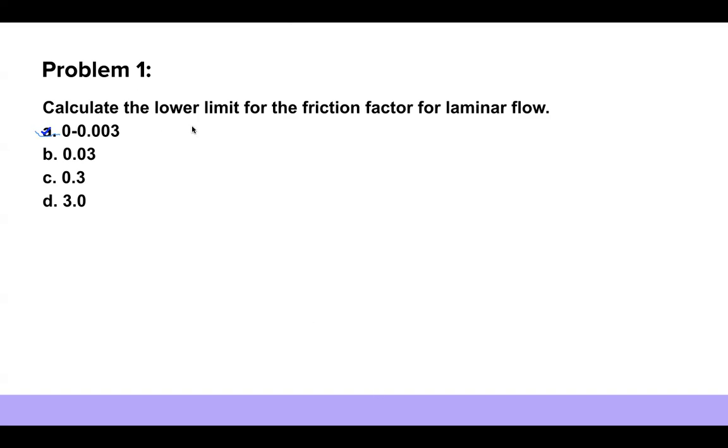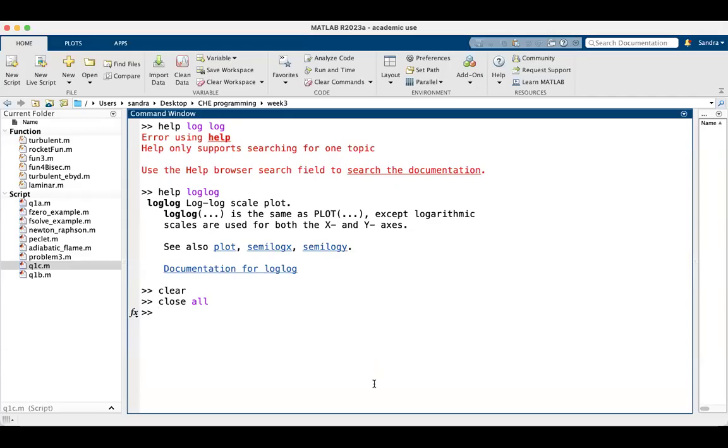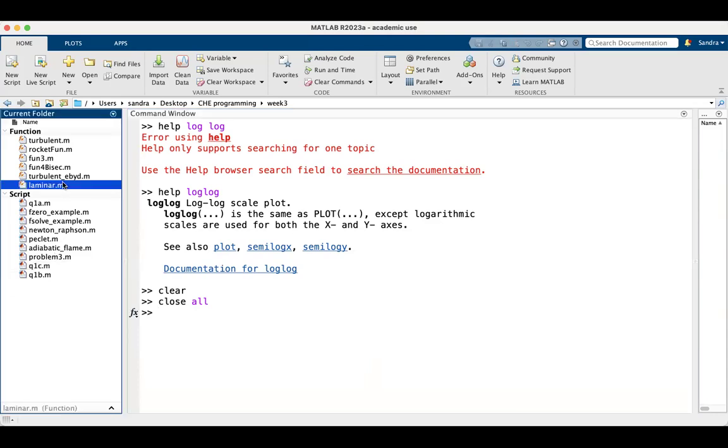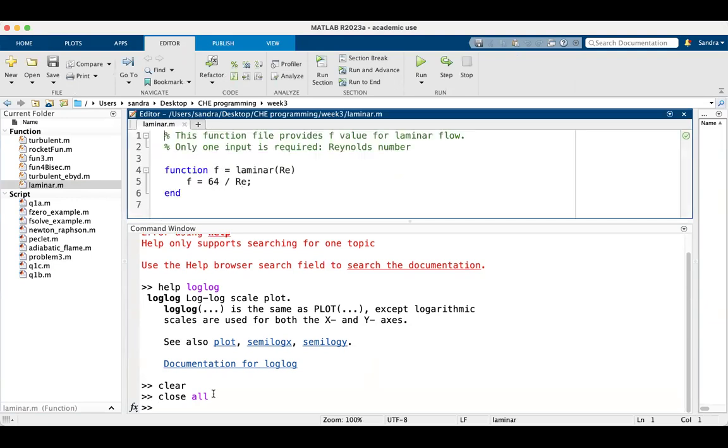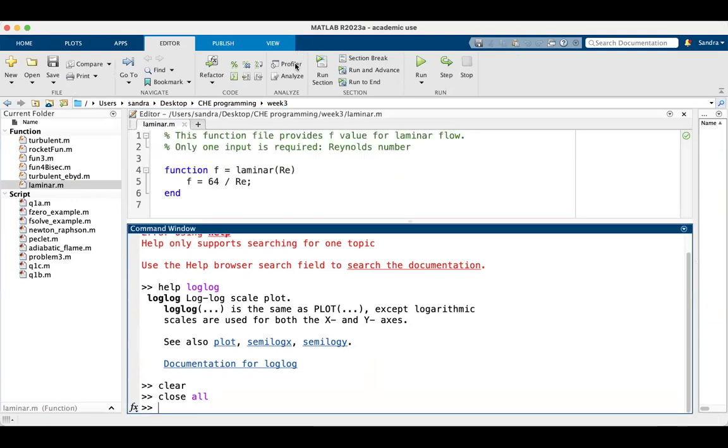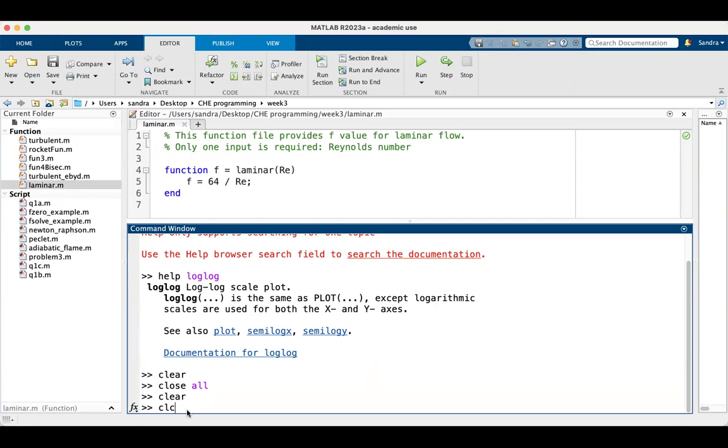So basically, the question is the lower limit of the laminar flow. Just a second. So, am I sharing the MATLAB? Yes, I'm sharing it. You can directly use this function if you have to. CLC.